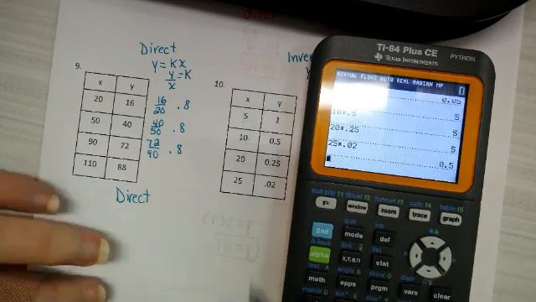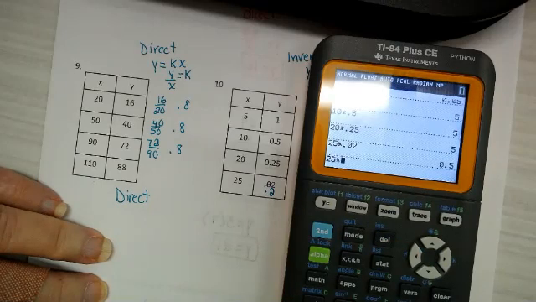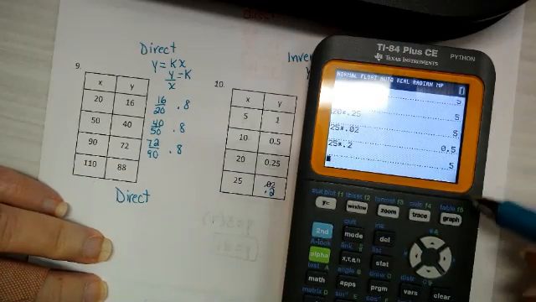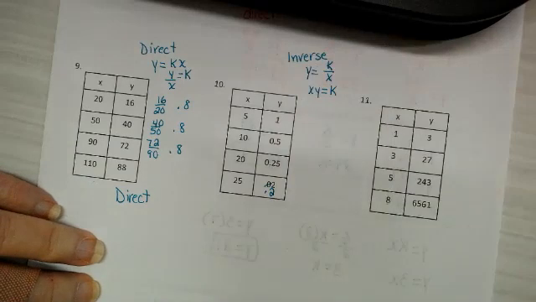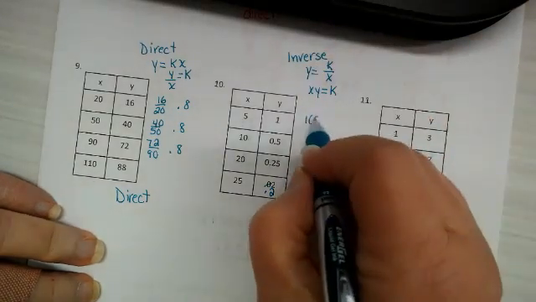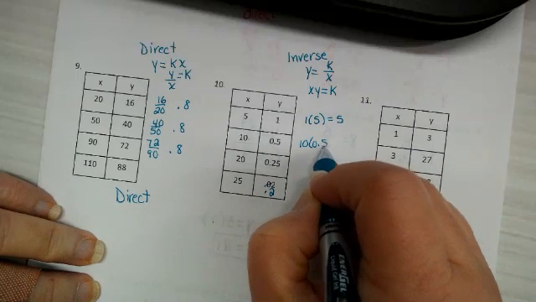Looks like that's a typo. This should just say 0.2. So 25 times 0.2 there, and they all match. So these multiplied to a constant, which means it's inverse variation.